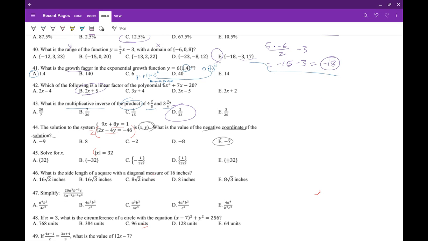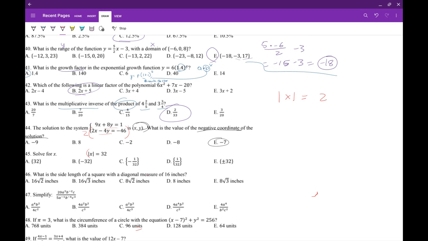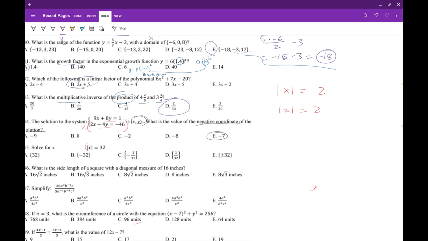Now, if I asked you to solve for the absolute value of x equals 32, let me walk you through something. If I said the absolute value of x equals 2, obviously the absolute value of 2 is equal to 2. But the absolute value of -2 is also going to be equal to 2.